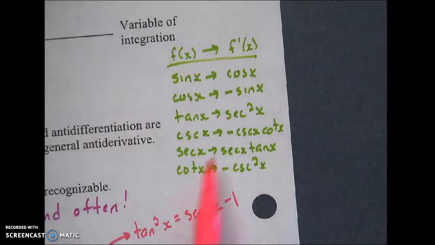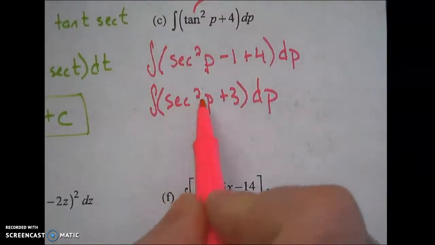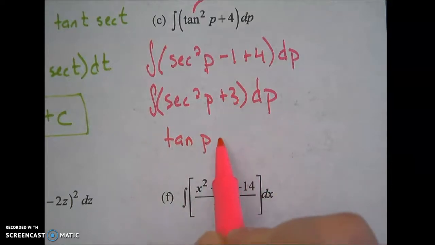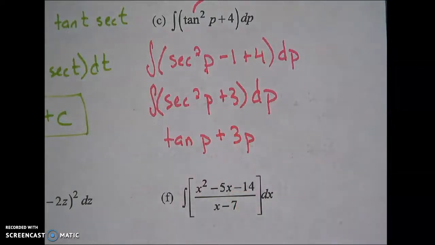Now I'm hoping this is on my list up here. Yep, there it is. So the integral of secant squared is tangent. Don't forget your variable. The integral of 3 is 3x, but we're talking about this according to p, so that would become 3p. And then don't forget your constant, plus c.